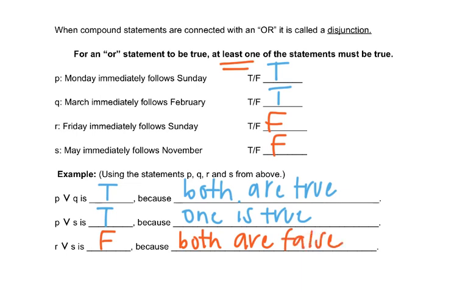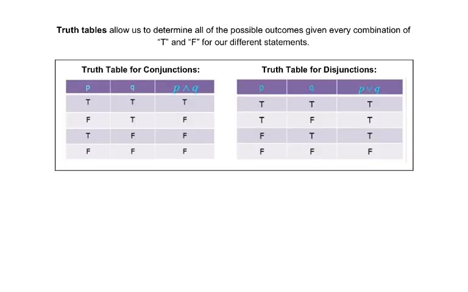Now that we have our truth values down, let's really dive into our truth tables. Truth tables are going to allow us to determine all of the possible outcomes given every combination of true and false for our different statements. So if you look here, our truth table for conjunctions, which is our and, looks like this.